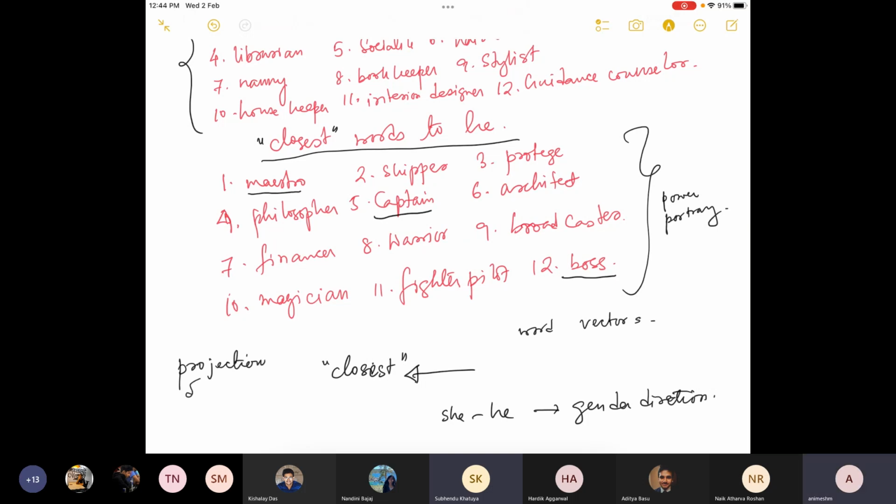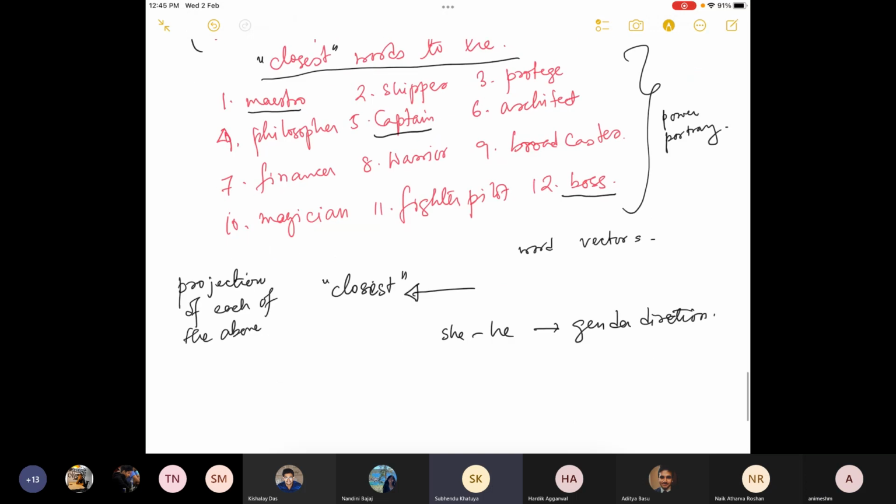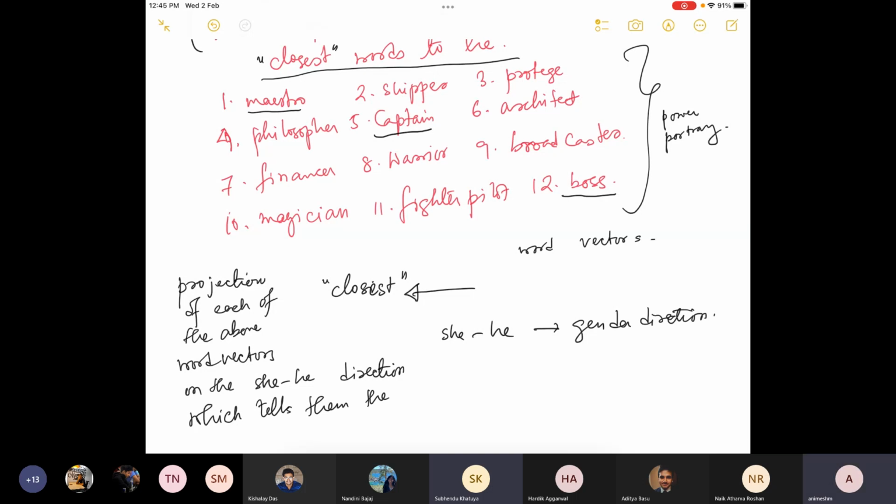Projection of each of the above word vectors on the gender direction, which tells them the closeness.